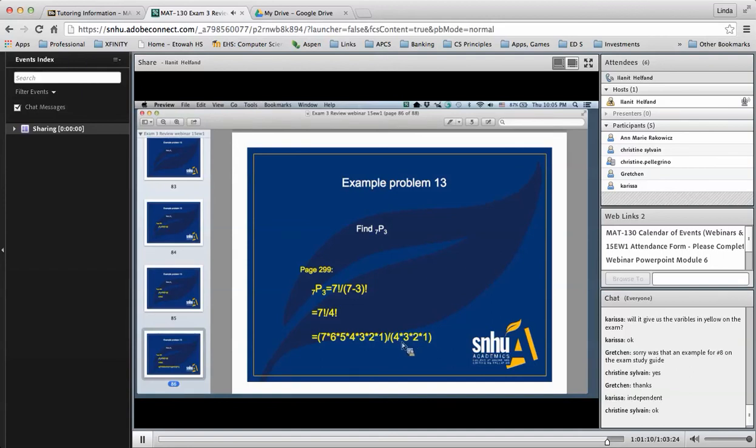One thing that's nice about factorials is that they divide really nicely. The 1, 2, 3, and 4 in the denominator all cancel with the 1, 2, 3, and 4 in the numerator, leaving only 7 times 6 times 5, which is 210. Okay, so that's how you calculate this permutation.